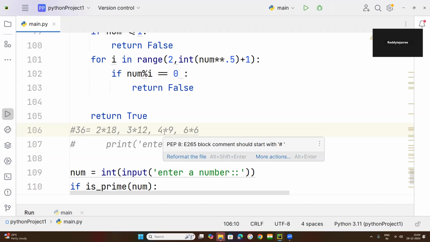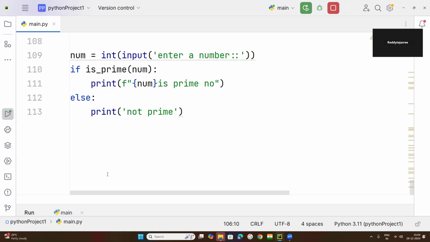So 36 in between 2 to 6, how many? 2, 3, 4. So 36 is not a prime number because it is divisible by a number between 2 and root of the number. Root of 36, 6. So in between 2 and 6, so many factors are there. So 36 is not a prime number. So let us see.